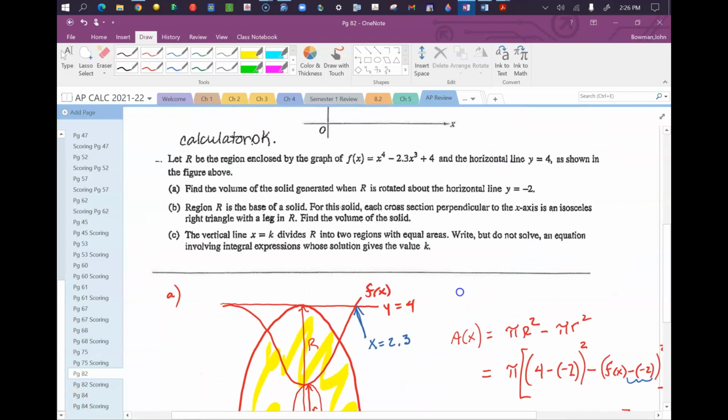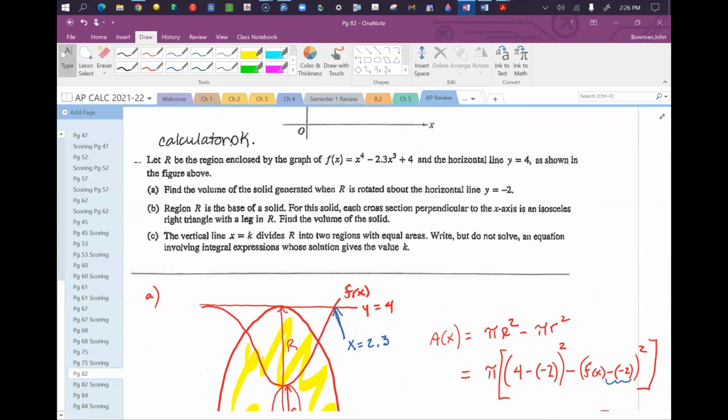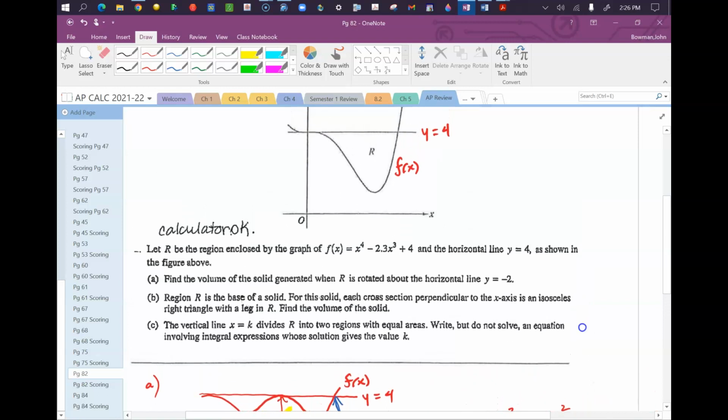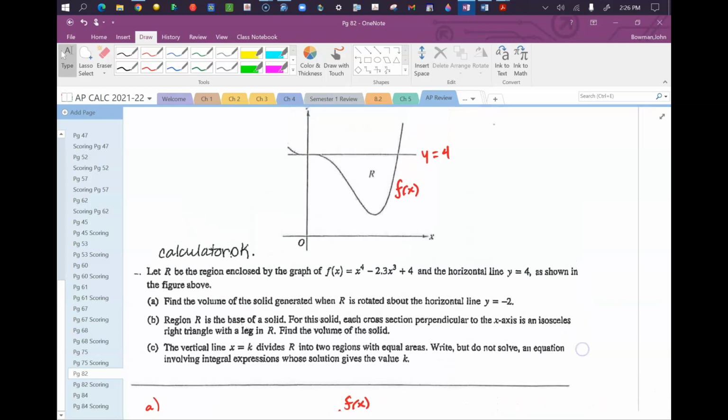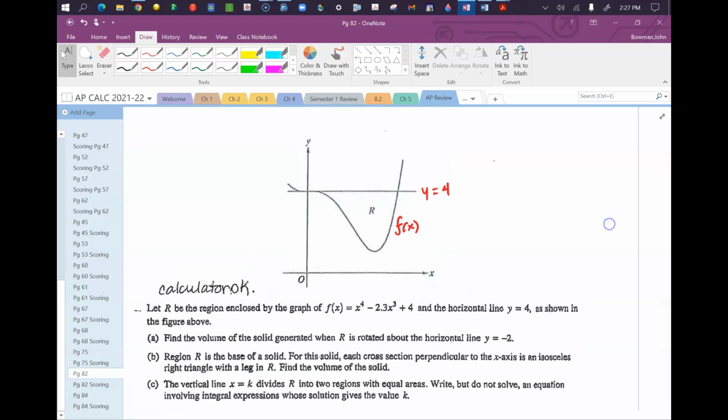The next part of this question says, region R is the base of a solid. For this solid, each cross-section perpendicular to the x-axis is an isosceles right triangle with leg R. Find the volume of the solid. To illustrate what that looks like, you basically have an isosceles right triangle like this. Not doing a very good job of graphing that, so let me redo that.